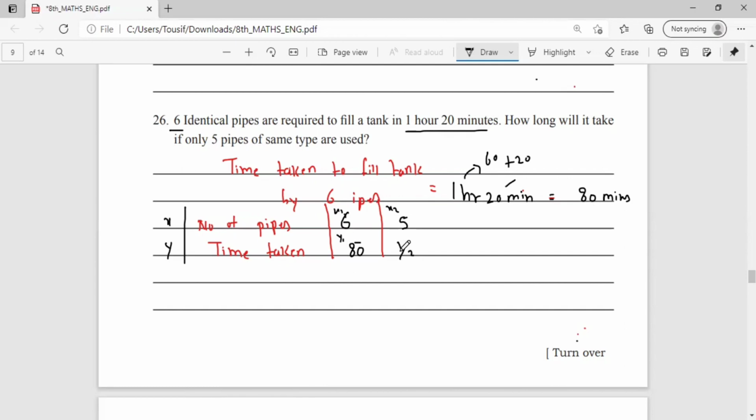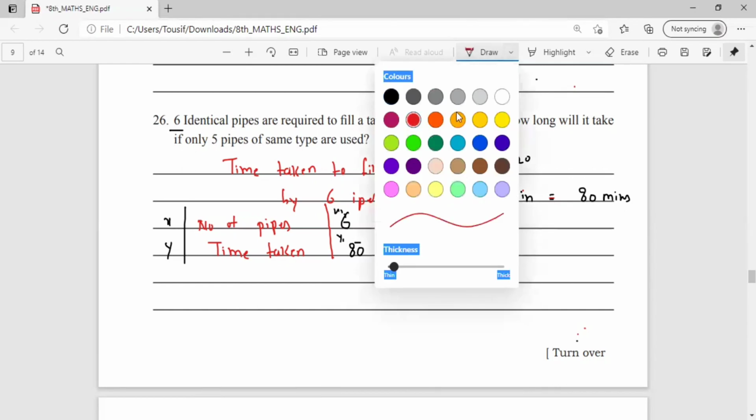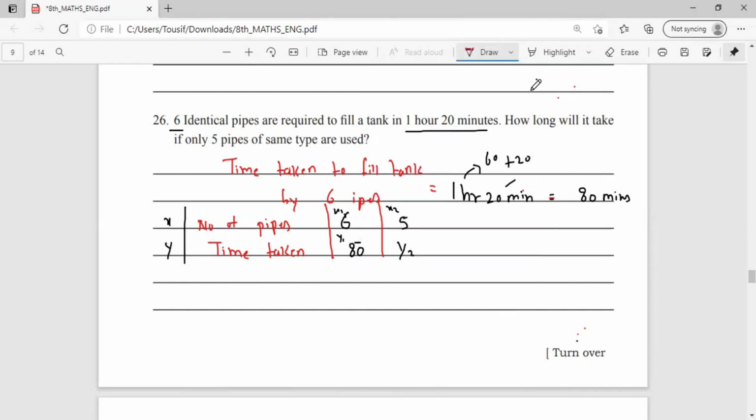Before solving it, we need to understand whether it is a direct proportion or an inverse proportion. So what do you all say? I hope you have understood. It is an inverse proportion. 6 pipes take 80 minutes, and where the number of pipes has decreased to 5, obviously it takes more than 80. The number of pipes has decreased, so the time taken by 5 pipes will increase. For one simple example, 3 people take 7 days to paint a house.